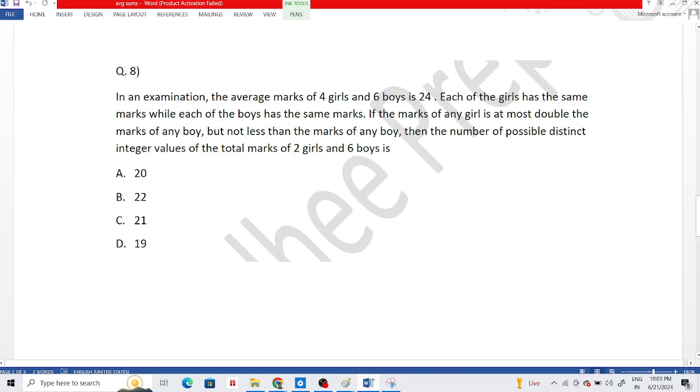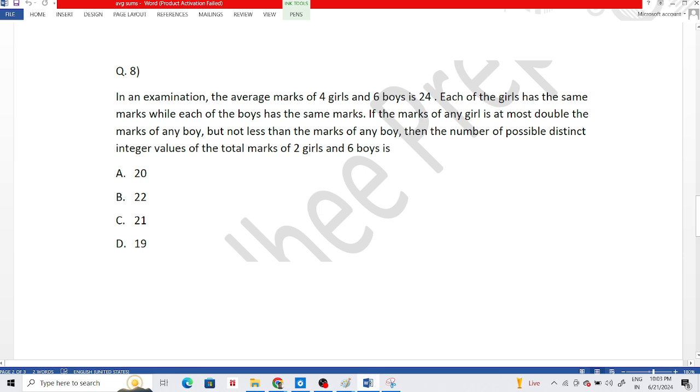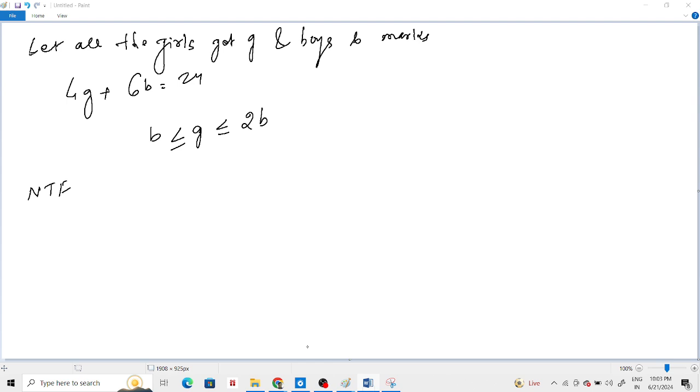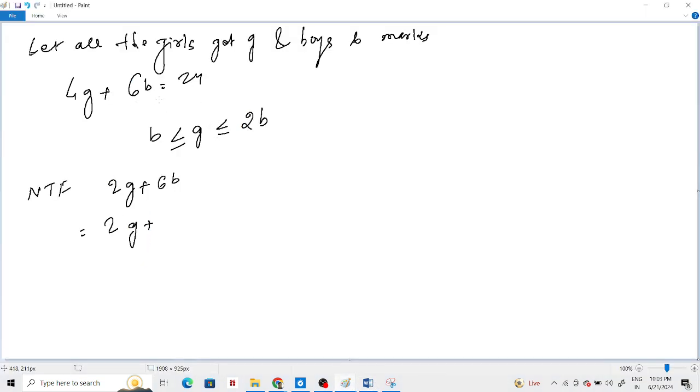Then the number of possible distinct integer values of the total marks of 2 girls and 6 boys, okay, fine. So I need to find all possible distinct integer values of the total marks of 2 girls and 6 boys, that is 2G plus 6B. Since 6B is also there in the total, that can be written as 24 minus 4G, from here that will be 24 minus 2G.